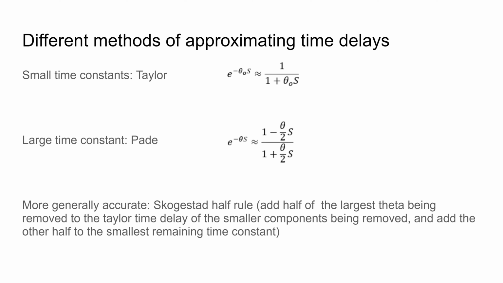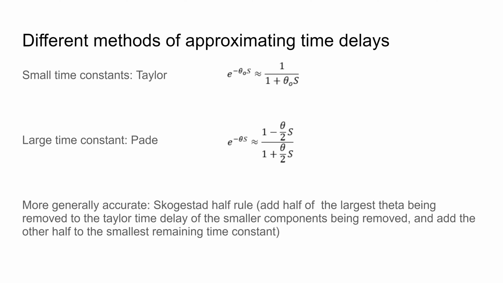So we've got a few methods of approximating time delay simply. For a small time constant, that is to say a small tau value, you can use a Taylor approximation. This approximation is derived from a Taylor series expansion. So if you've got some function describing, say, your long pipe of 1 over 1 plus tau s, then we can call tau theta naught, and that's approximately equal to the exponent of negative theta naught s.